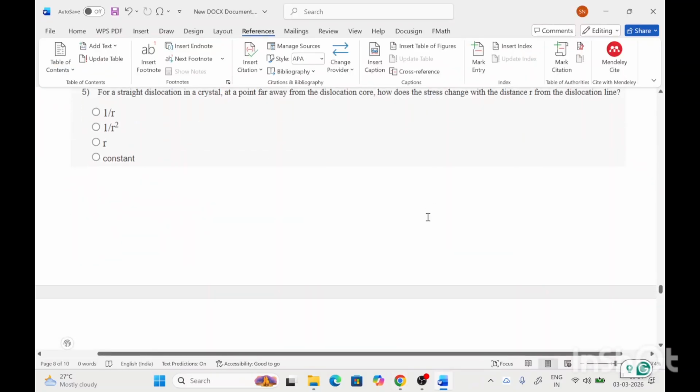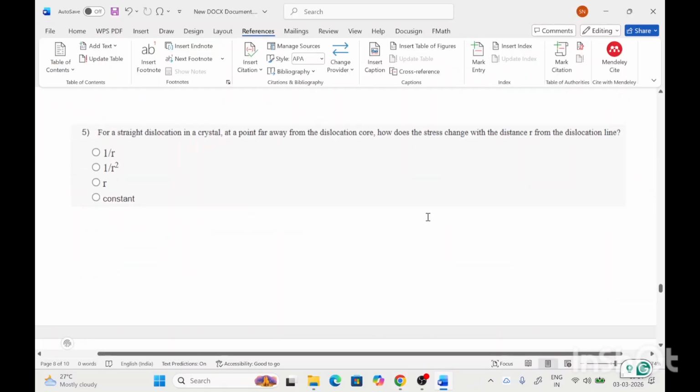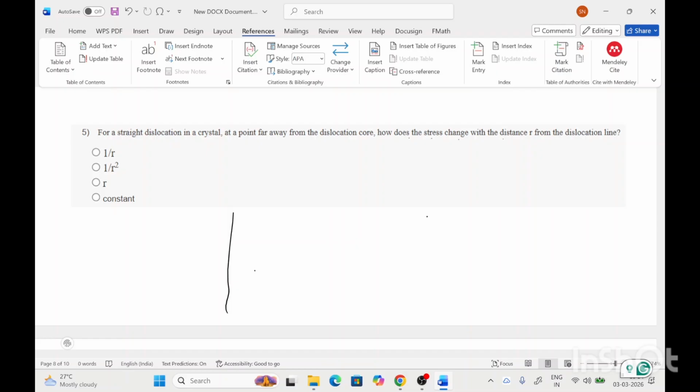We have asked that for a straight dislocation in a crystal at a point far away from the dislocation core, how does the stress change with the distance r from the dislocation line? If we draw the stress with respect to distance from the dislocation, it varies like this.